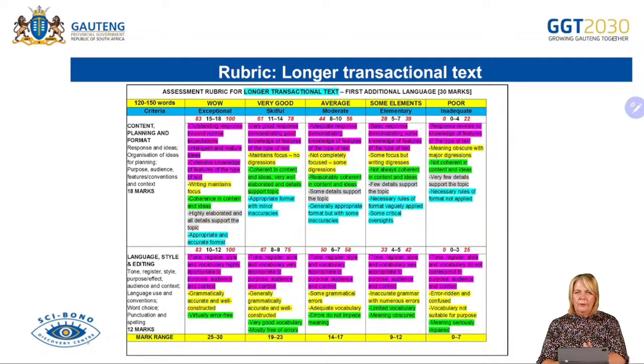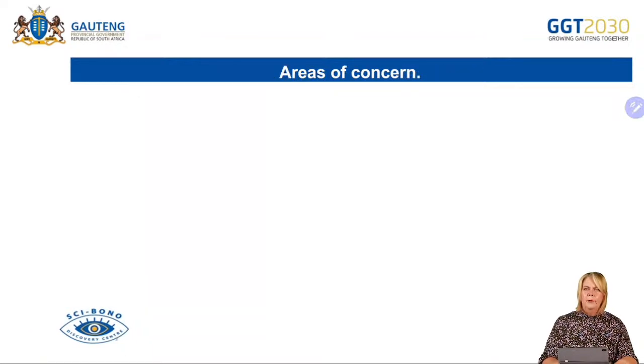In other words, we start from there. If you're better than that, then we move one step up. If you're doing a little worse than that, we move one step down. Get to know your rubric. And you will be given a rubric when you are writing your first creative task, your longer transactional. Use your rubric to check whether you have covered everything that needs to be covered, just to make double sure.